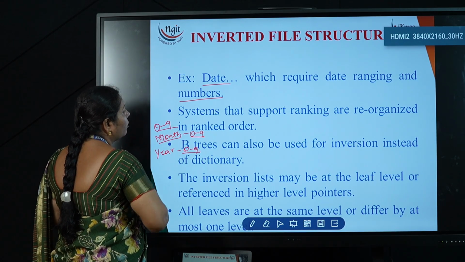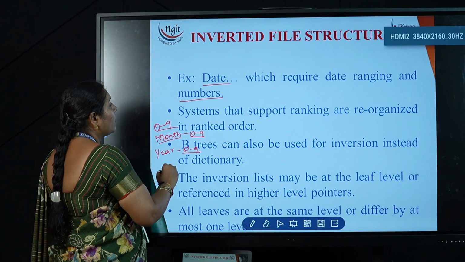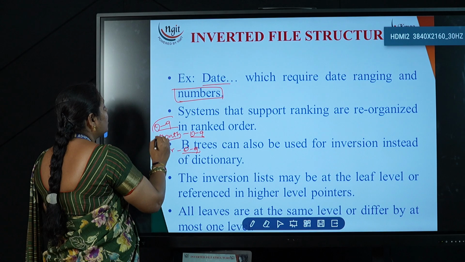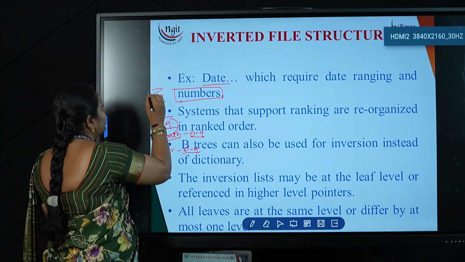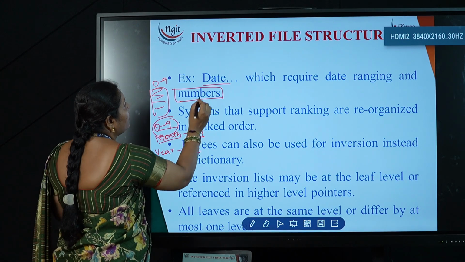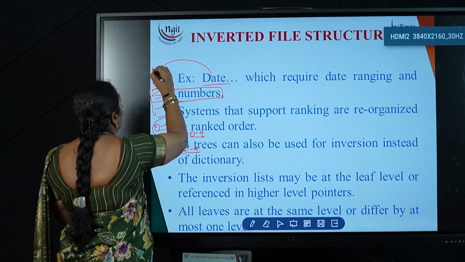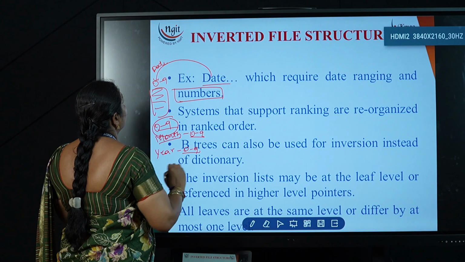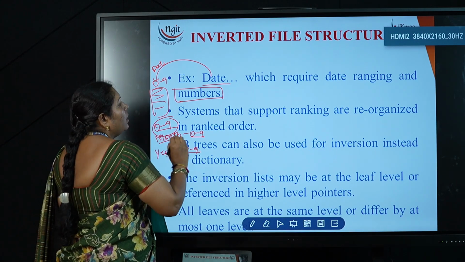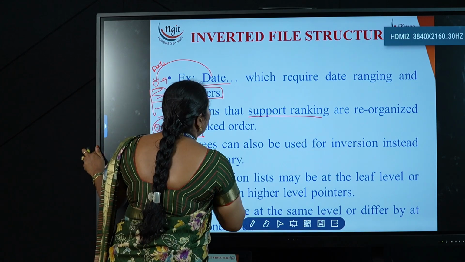So this range cannot be removed. What you can do is mention a range of numbers. All the dates will be present like this in the dictionary, where the range will be from 0 to 9. So whenever you are getting the date, you can divert this particular list, the structure, to the date inversion file structure.